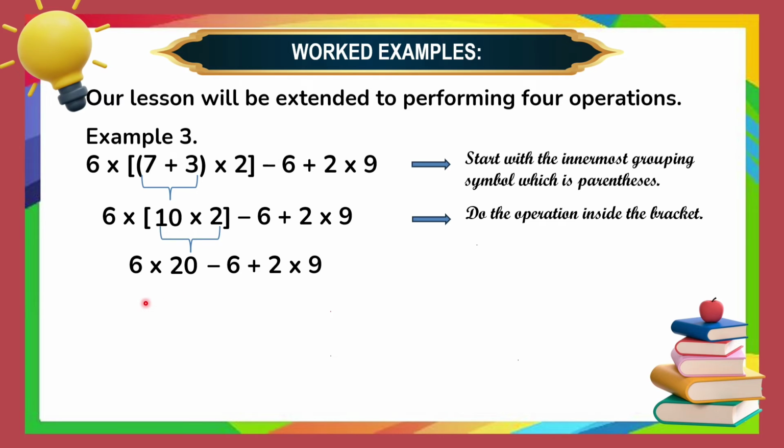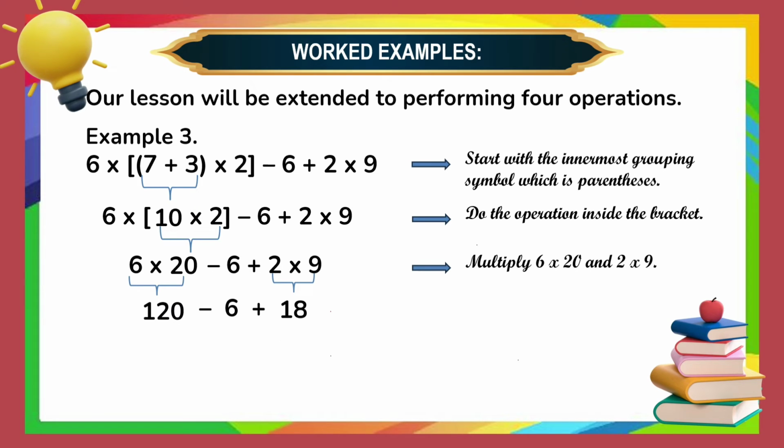So as I said, we can do these two operations simultaneously since it does not affect the result of the expression. So we can do 6 times 20 and 2 times 9. So 6 times 20 is 120, then 2 times 9 is 18. Then bring down the rest of the digits.